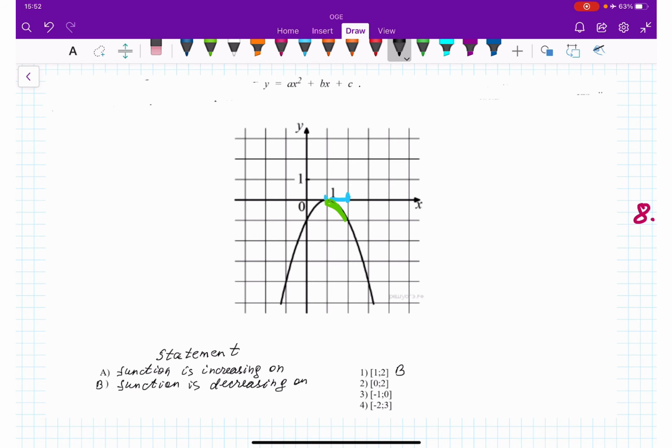Next, between 0 and 2. 0 and 2, here is my interval. What do we have? We have it increasing here. We have it decreasing here, which means it's matching A and B, both of them, right?